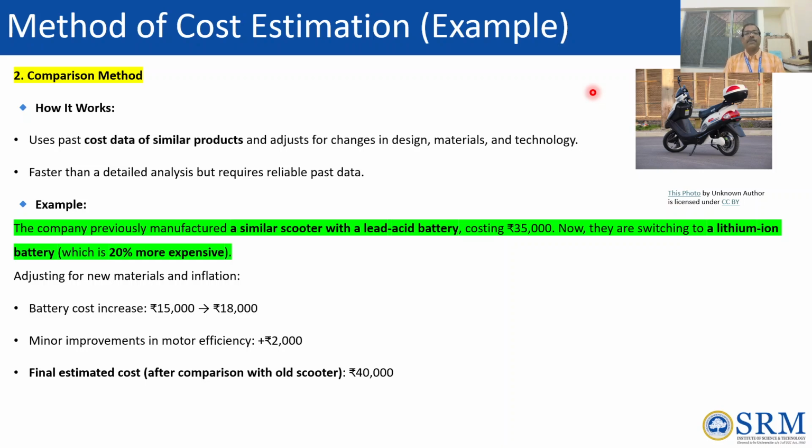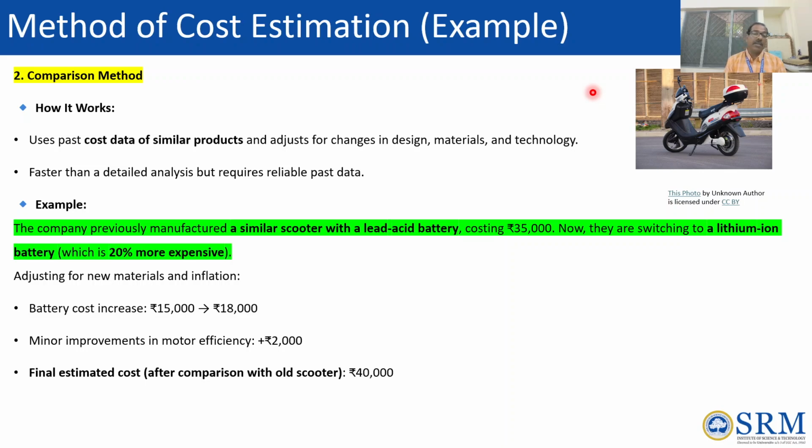Example: the company previously manufactured a similar scooter with a lead acid battery. I was giving the example of EV vehicle or petrol vehicle, but now the example is an EV vehicle only, with a different battery, like a lead acid battery with a casting of 35,000.